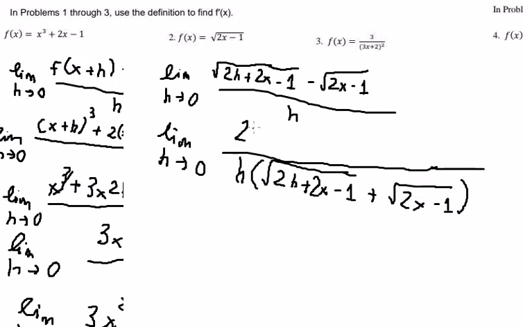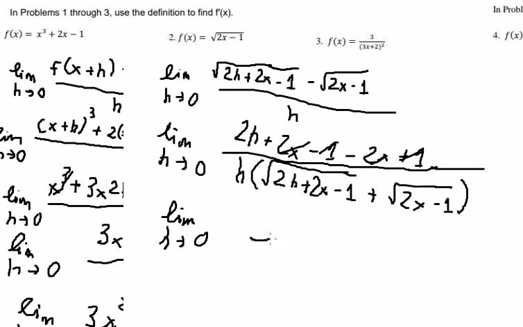So this one you got about 2h plus 2x minus 1 minus 2x plus 1. So we simplify 2x minus 1 and positive number 1, and you got about h divided by h. So you got about number 2.